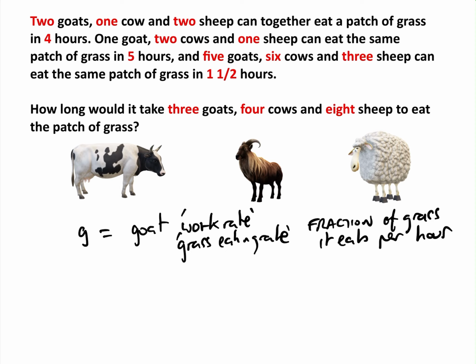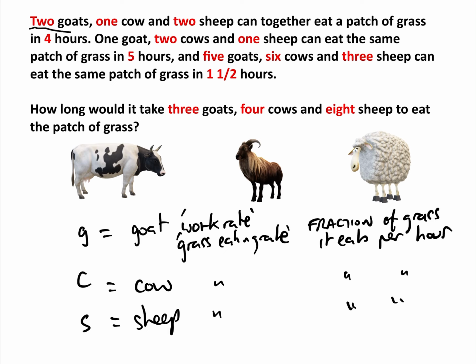And then we can define C, which is the cow work rate or grass eating rate, the fraction of grass the cow eats per hour, and S is for the sheep, obviously, the fraction of grass eaten per hour.